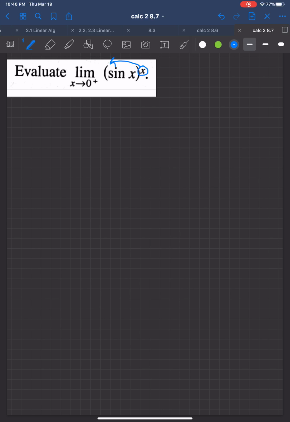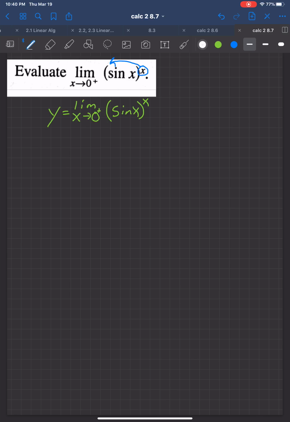Now I'm going to have y equal to the limit as x approaches 0 from the right of sine of x to the power of x.